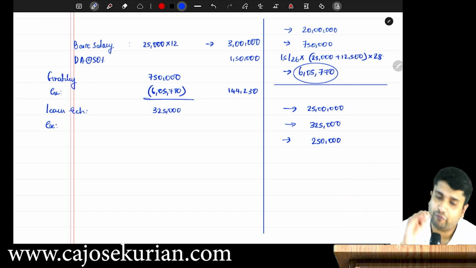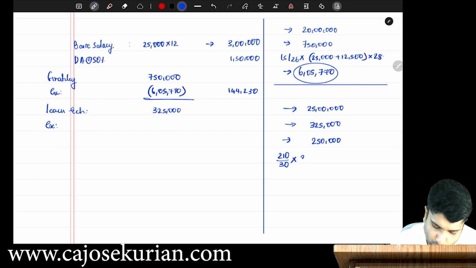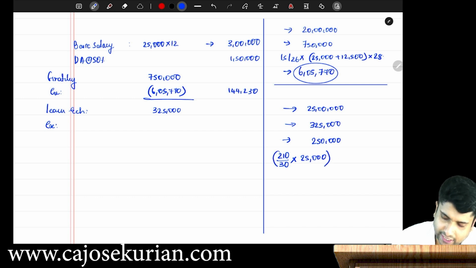Cash equivalent of leave. How many leaves did he have? 210 by 30 into 25,000. No, you don't have to take the number of years, okay? Only the cash equivalent of leave.